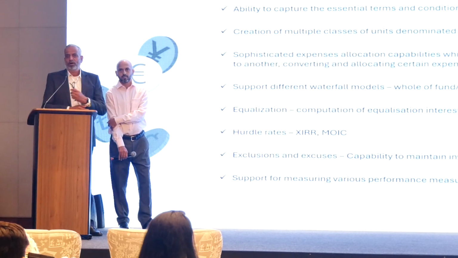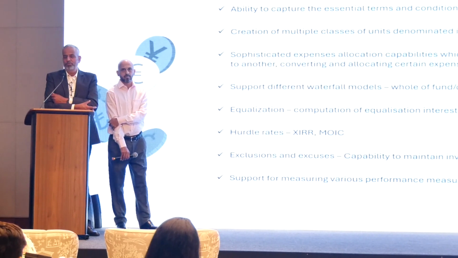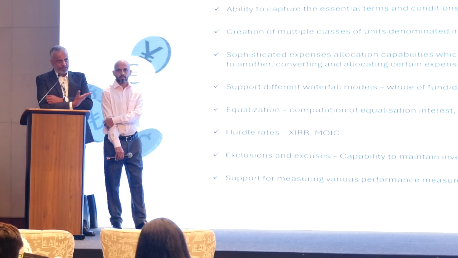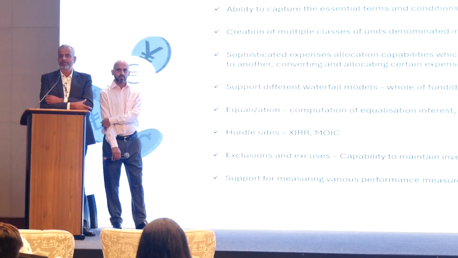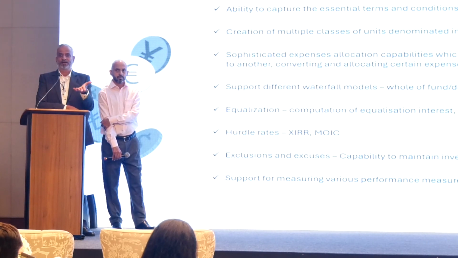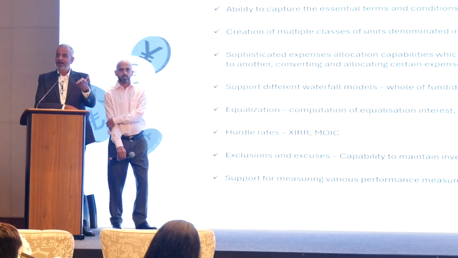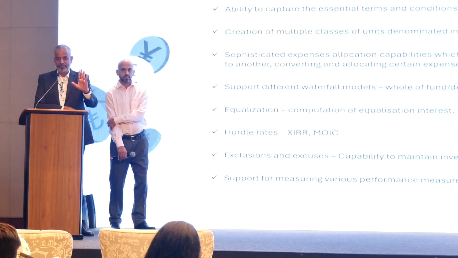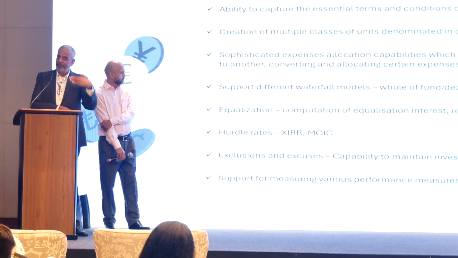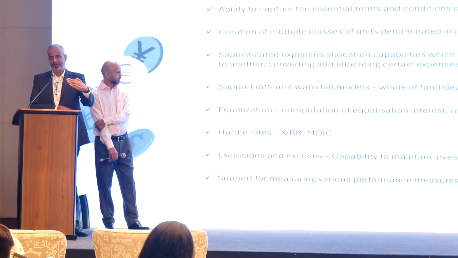Support for the waterfall model, the distribution model that the PPM indicates. This could be, as I said, the example we spoke about was a whole of funds model. You could also have a deal by deal model where every asset, when it gets liquidated, could have its own hurdle, its own way of distribution. Or rather, distribution is triggered for every asset's liquidation, right?